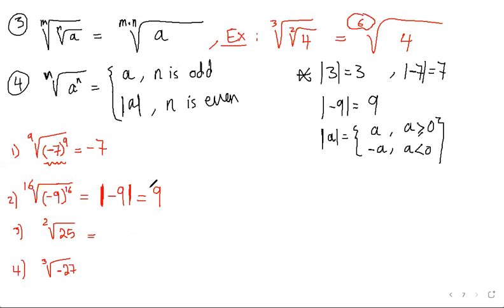What number multiplied gives exactly this? Here the index is even, and it's even, so they give me the absolute value of 5, and this is 5.